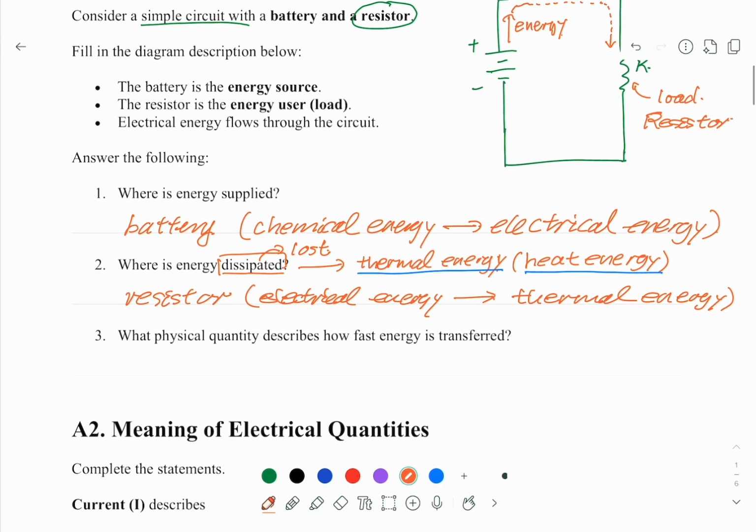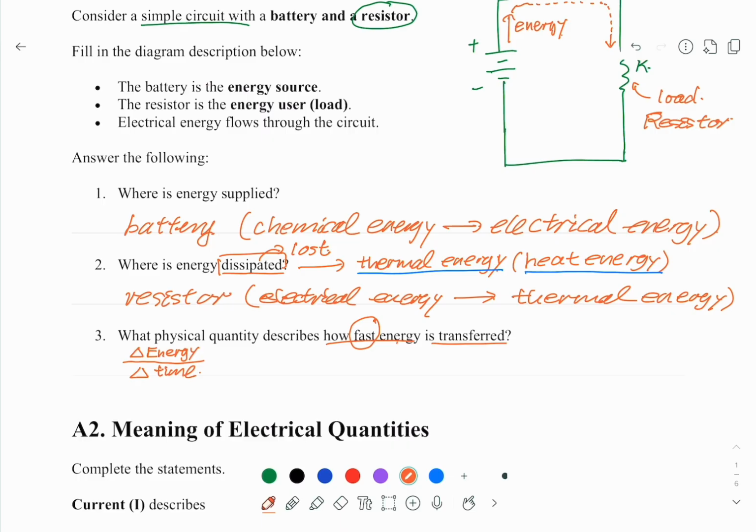Number 3, in this case, what physical quantity describes how fast energy is transferred? How fast means it's related to time. Energy transfers how far? You are talking about delta energy, how much energy is transferred within 1 second.